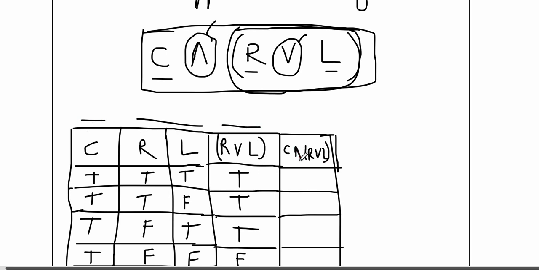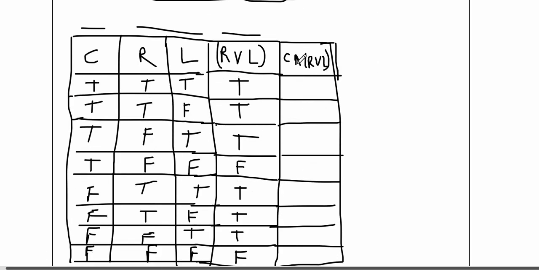As I mentioned earlier, in the AND symbol, this part has to be true and this part has to be true, and only then will the result be true. Both columns, C and R or L, have to be true for the result to be true.